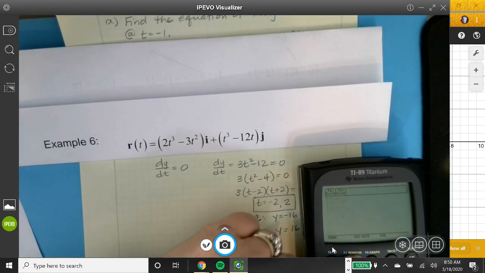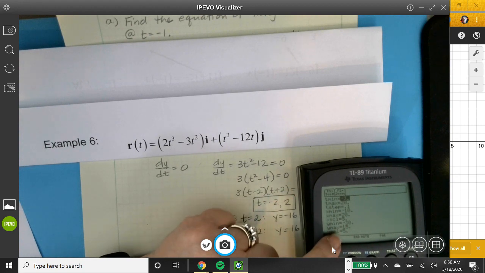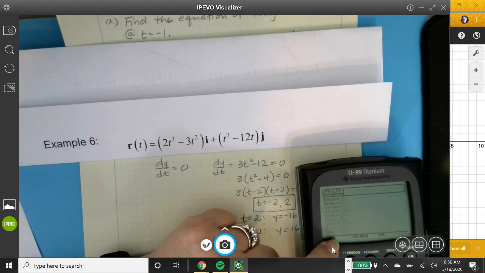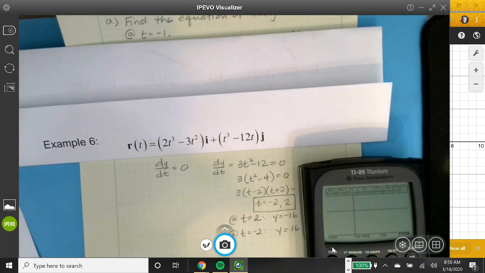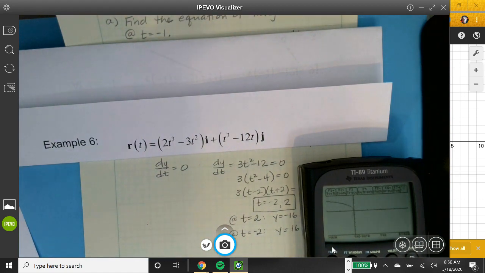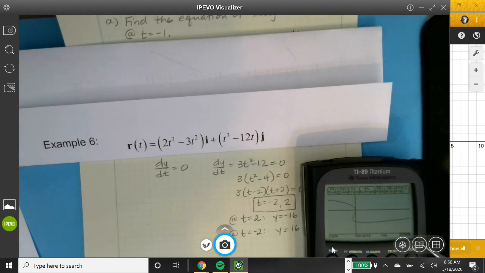And I can tell you right now that my window is not big enough to see the y equals 16. So let's make this y max 20. And it's going to take a second to regraph it, but we're going to verify it. All right. It's thinking, it needs to hurry.